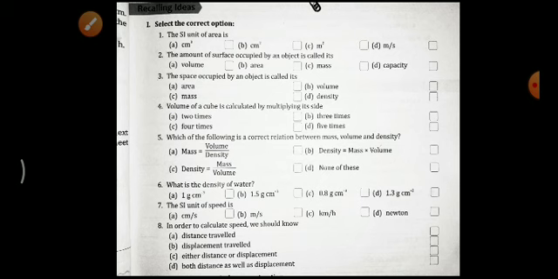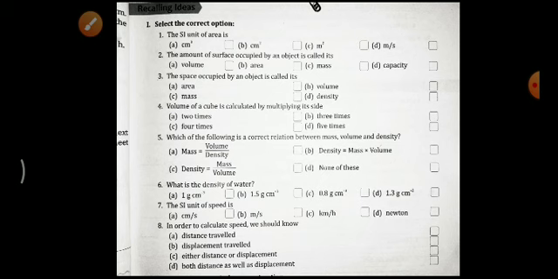Okay. Then the next question, the last question of select the correct options. In order to calculate speed we should know what? Already I said that. While we are calculating velocity, at that time we have to consider displacement divided by time, and while we are calculating speed we must consider distance divided by time.